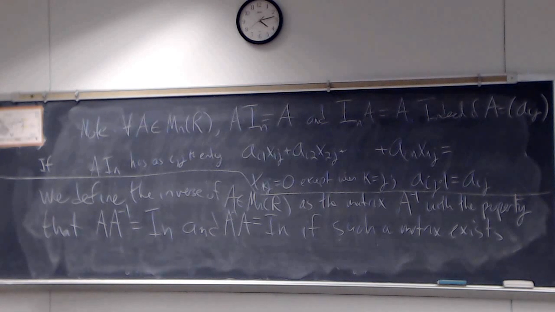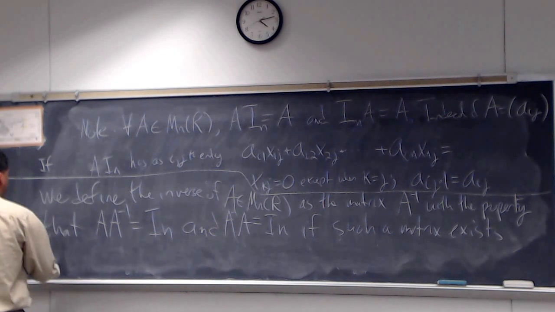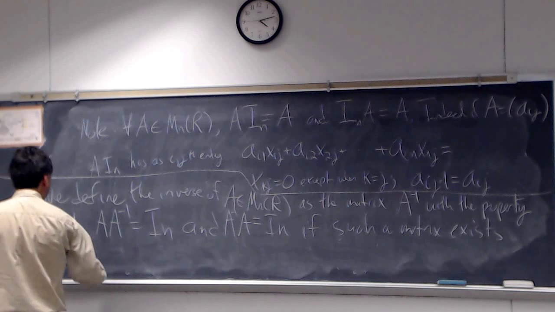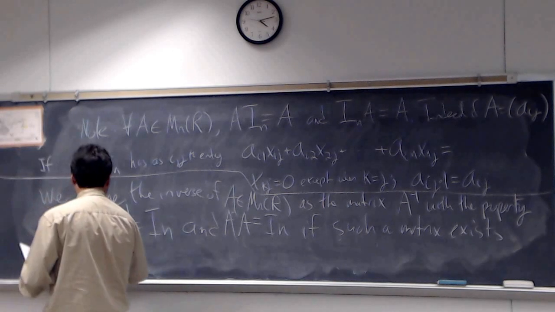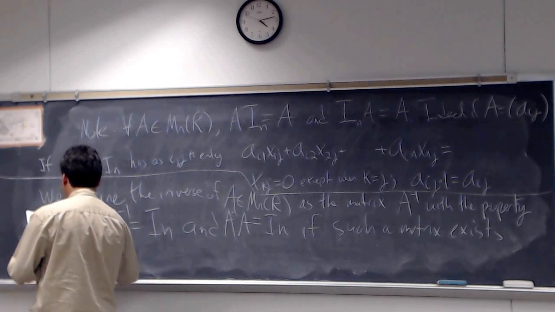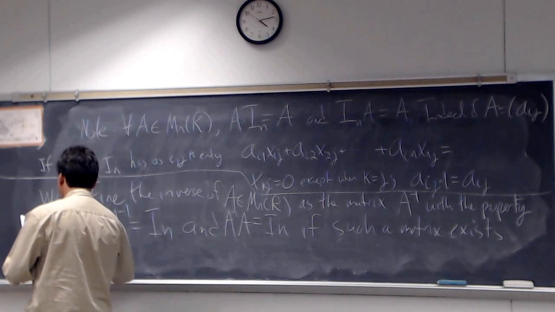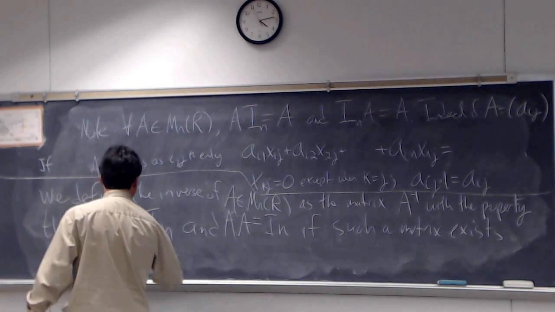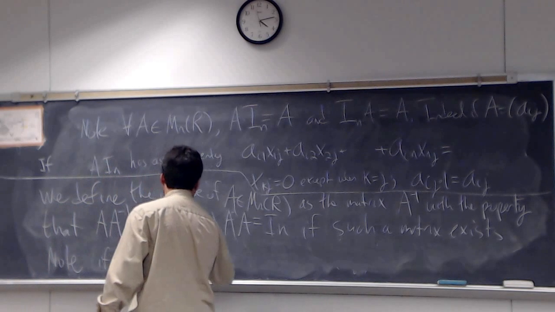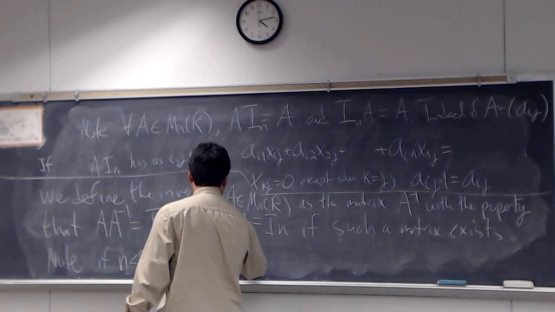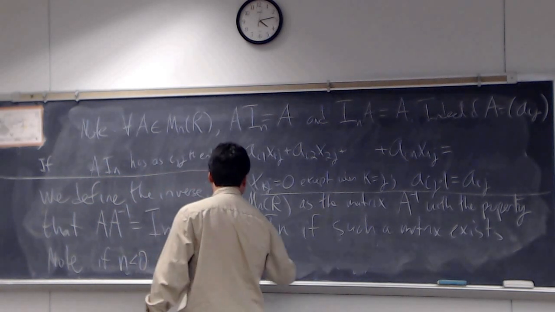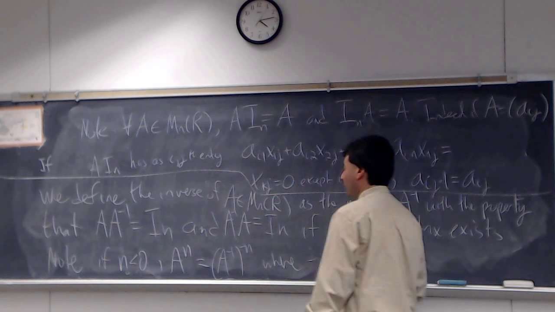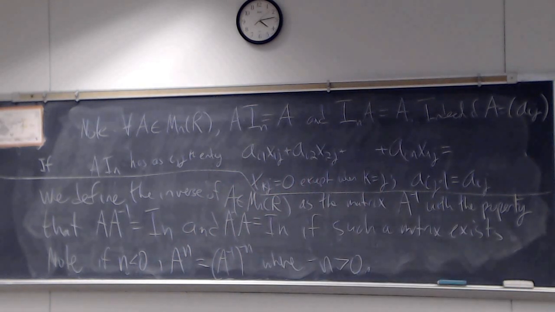I also put out the following, that if n is negative, we can think of A to the n as just A inverse to the negative n, where negative n would be positive.